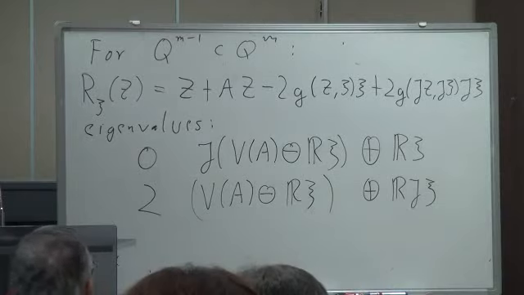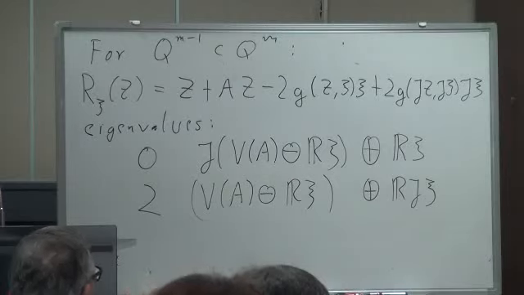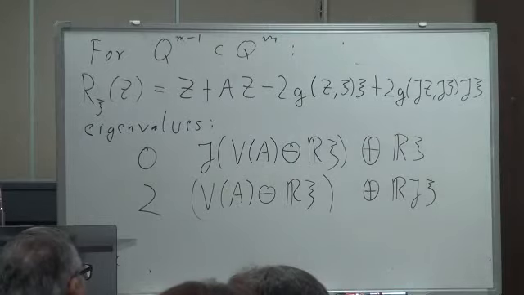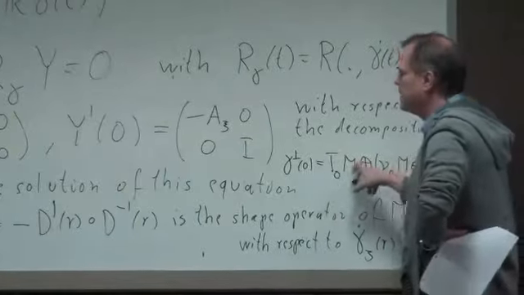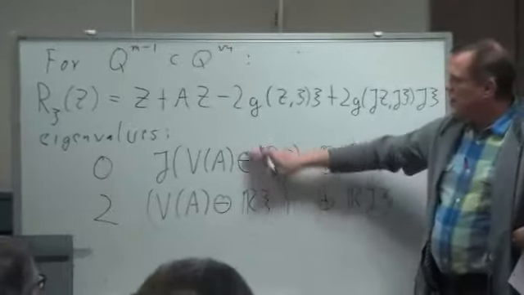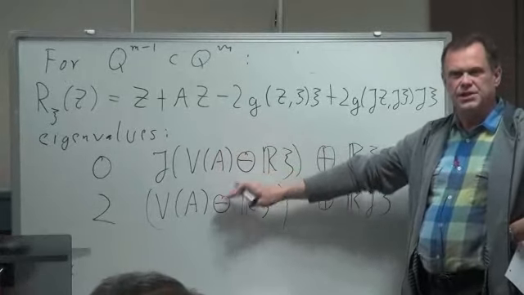Okay, so now when you look at this, we can diagonalize, and we have only two eigenvalues, 0 and 2. And it respects the decomposition of the tangent space, because our tangent space of the quadric, that's quite crucial here, also respects this decomposition.